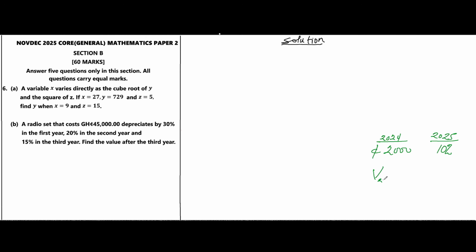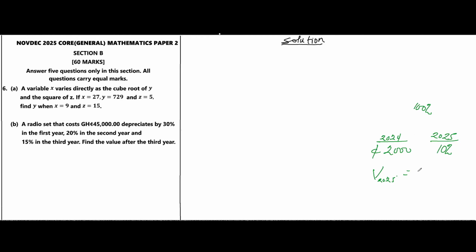So now we are going to measure this decrease in terms of percentage. Let's say it has depreciated in value by 10%. So can you calculate the value of the phone in 2025? We know that in percentages, the original quantity is taken as 100%. So 2000 Ghana cedis goes with 100%. Now, after 1 year, 10% of the 100% has been taken away. So we'll be left with 90%.